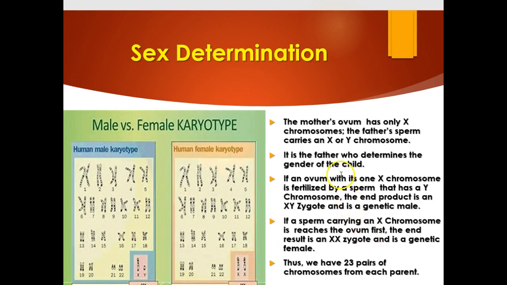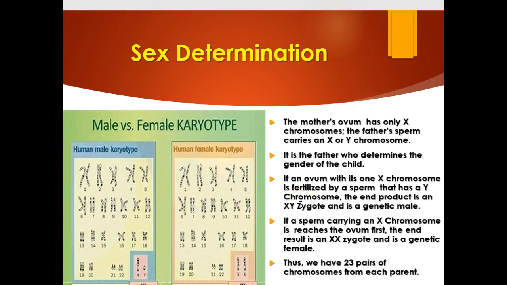And it is the father who determines the gender, or the sex, of the child. If an egg with its X chromosome is fertilized by a sperm that has a Y chromosome, then the end product is going to be a male.